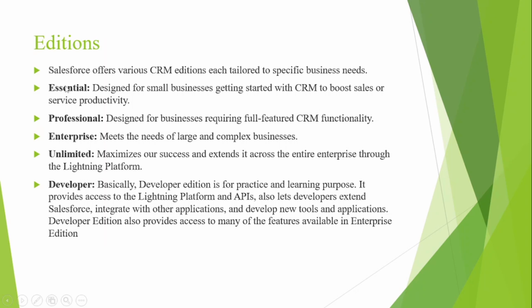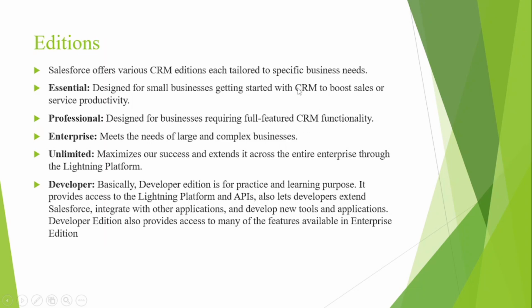So what is essential? Essential is the primary edition given to us by Salesforce, designed for small businesses getting started with CRM to boost sales or service productivity. So this is the initial edition provided by Salesforce. Then professional, designed for businesses requiring full-featured CRM functionality.